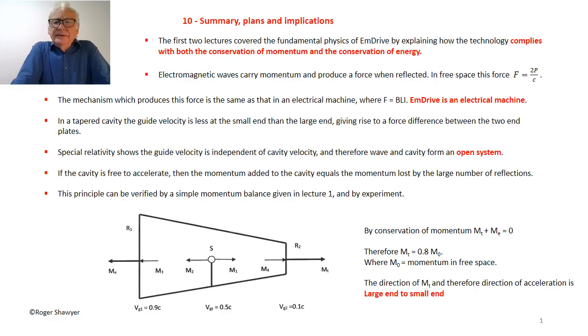That's the conservation of momentum in these terms used in the diagram. You can calculate that mt in this case equals 0.8 m0, where m0 is the momentum in free space.